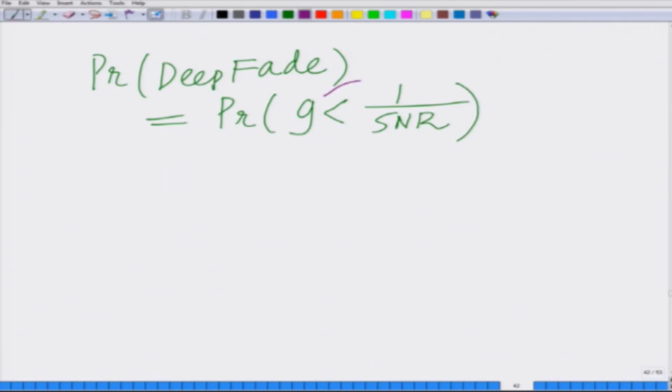Remember, this G equals norm of h bar square. So, we are saying the probability of a deep fade is simply the probability that this effective gain G, equal to norm square of the channel vector, is less than 1 over SNR, right.